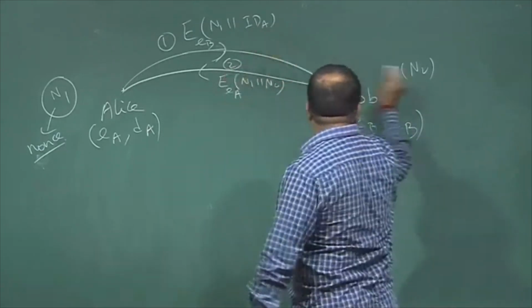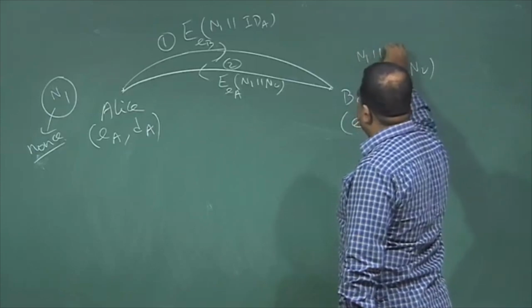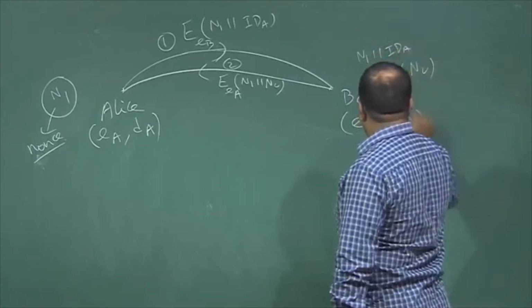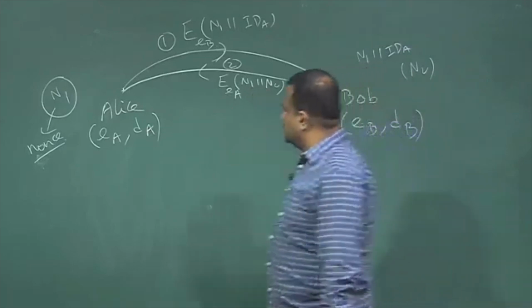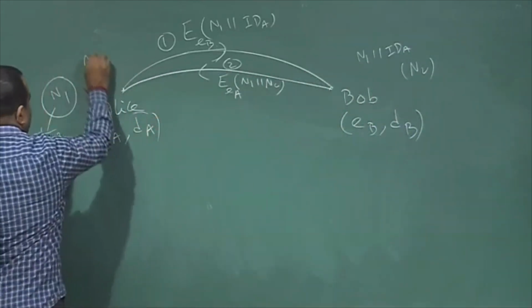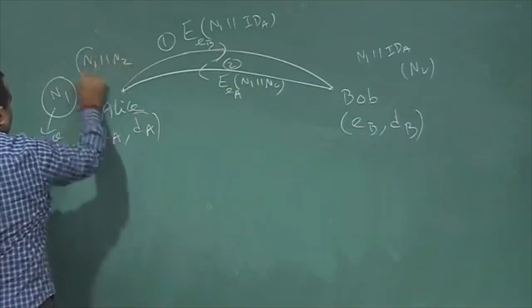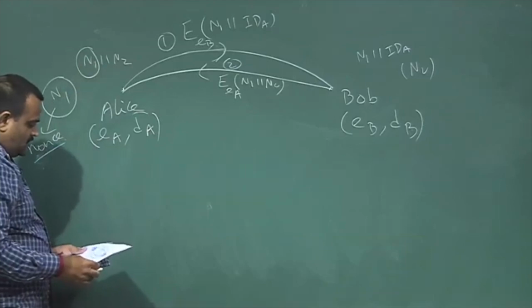After receiving the first message, Bob can decrypt it because Bob has Bob's secret key. So Bob is choosing N2 and sending to Alice. Now Alice has Alice's secret key, so Alice will decrypt it, and Alice will check whether this N1 is the same as this.